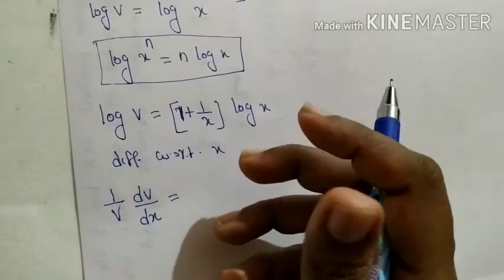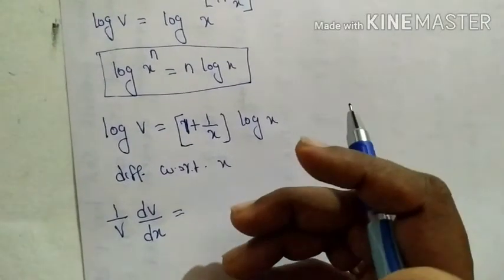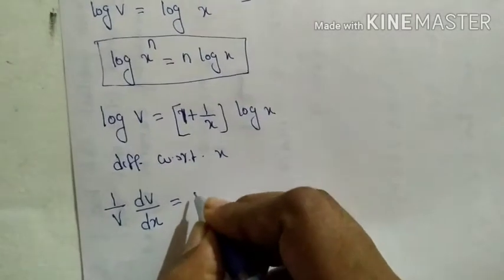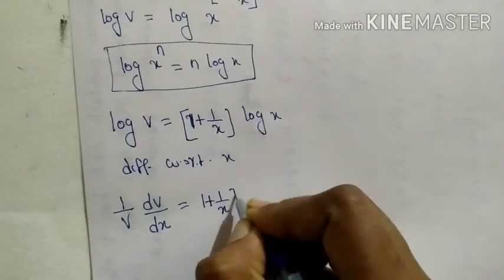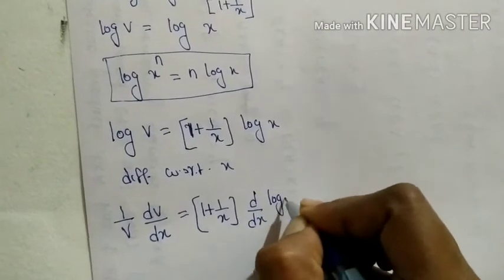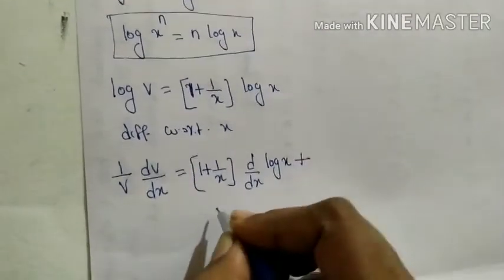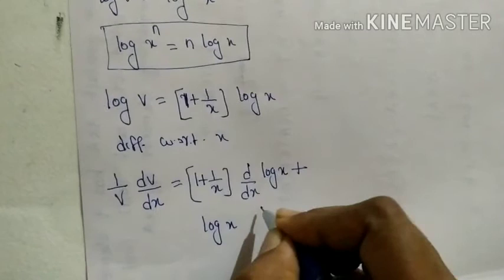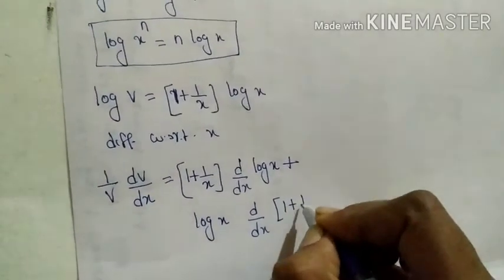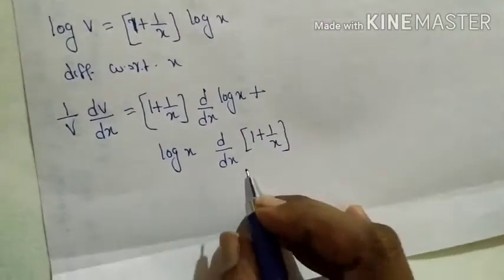Two different functions are here, so we need to apply the product rule: first function into derivative of second function plus second function into derivative of first function.